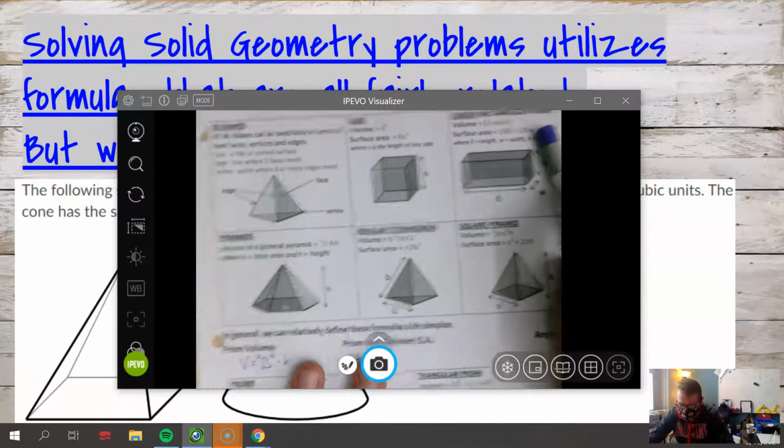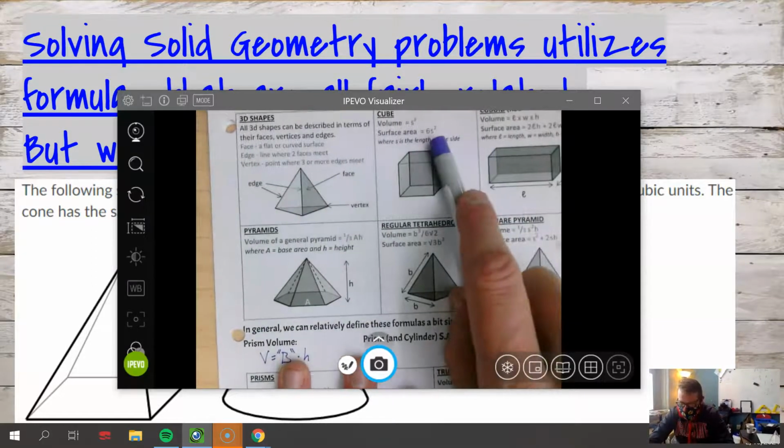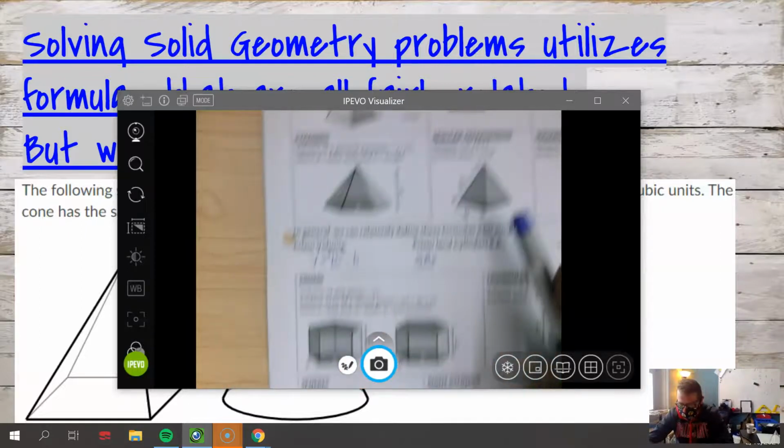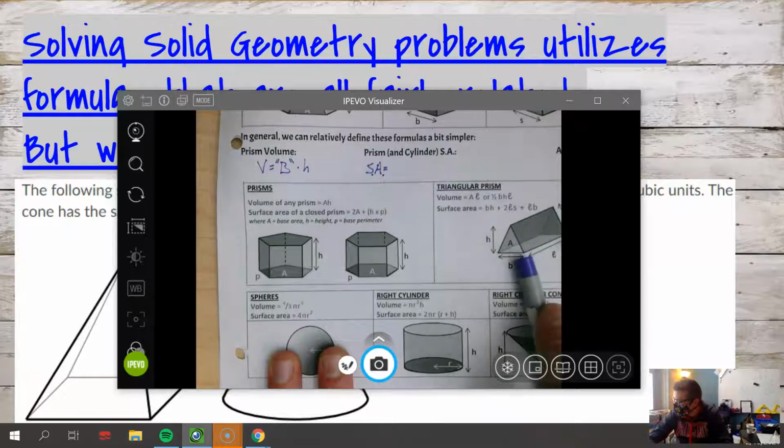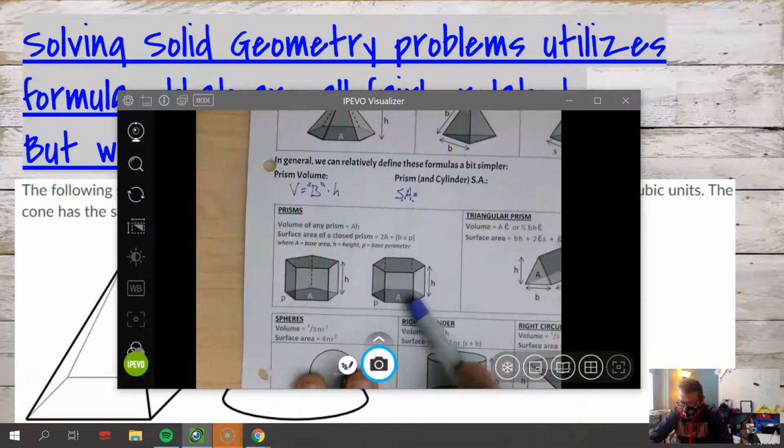I probably said those in the wrong order. 6 of the same size faces. Coming down here, I've got some rectangles around the sides, and then I've got matching bases.